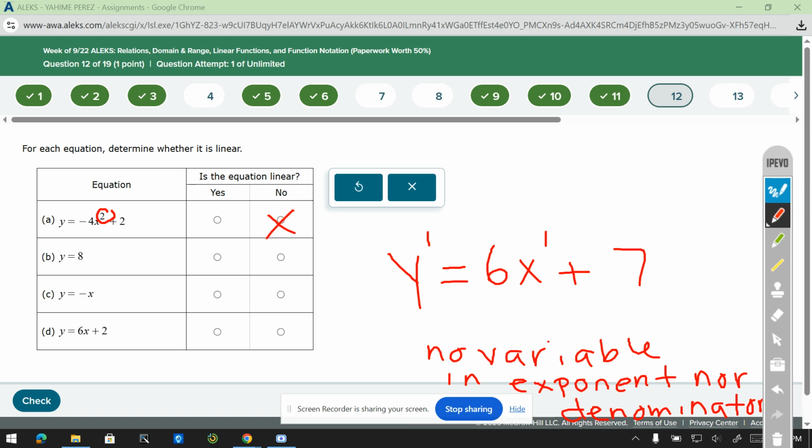In equation B, y has an invisible exponent of 1, so that is linear. In C, y has an invisible exponent of 1, and x has an invisible exponent of 1, so this is also linear. And same thing for D, so it's linear.